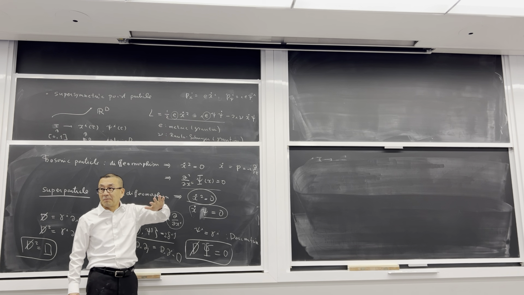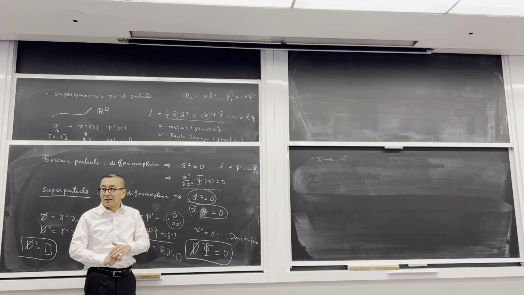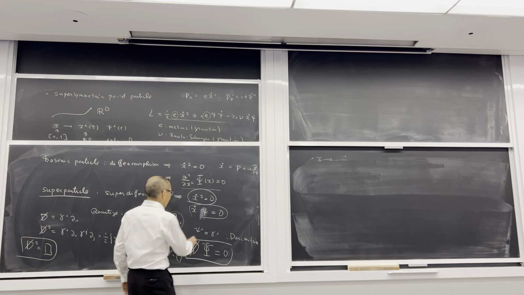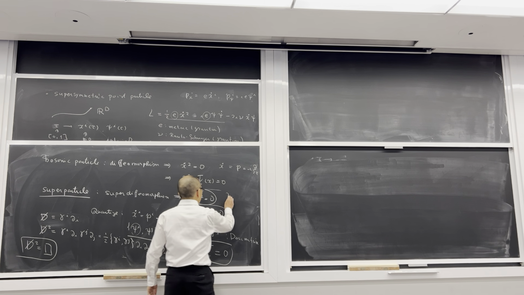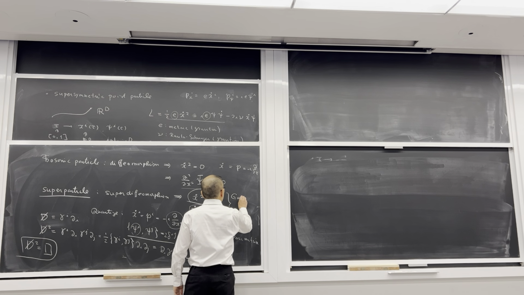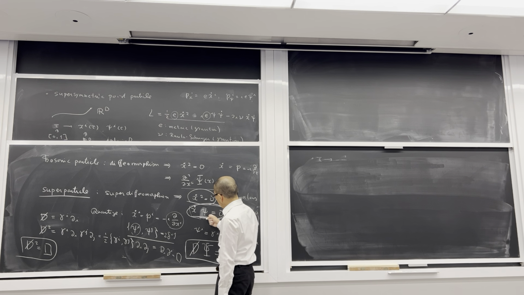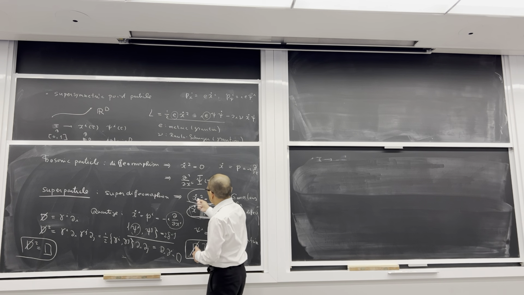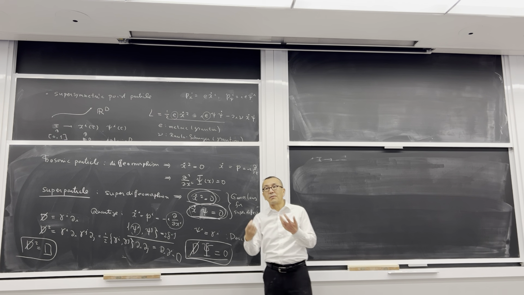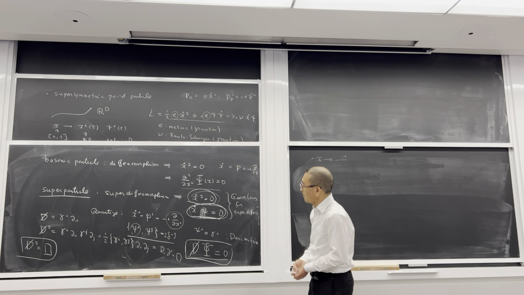A Gauss law constraint imposes the condition that the generator of gauge transformation vanishes. So these are the Gauss law constraints for super diffeomorphism. The Gauss law for the supersymmetry generator is a Dirac equation, which squares to the generator of diffeomorphism. So that's consistent.